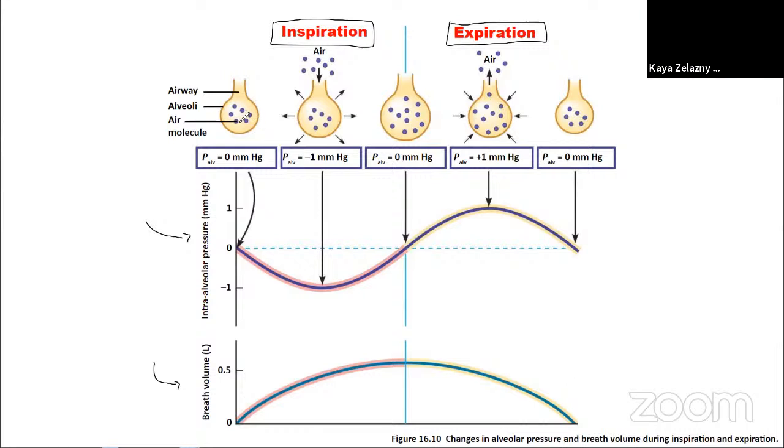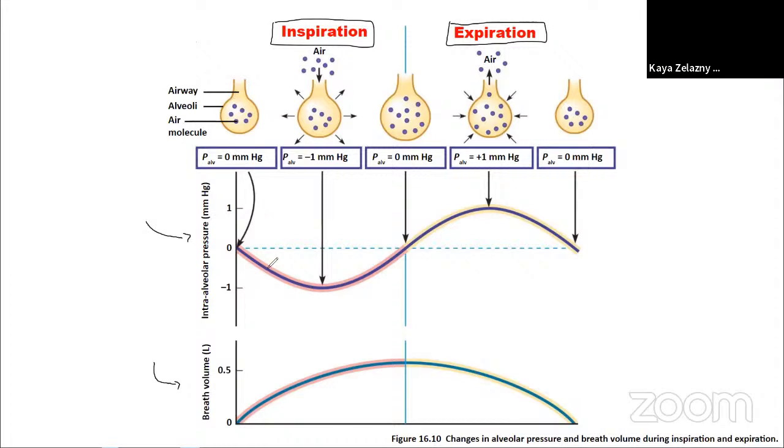And it's relating that to these pictures so that we can understand what's going on with the intraalveolar pressure. So we see at the beginning here, we have 1, 2, 3, 4, 5, 6 little dots in here representing our air molecules. We're saying at the beginning here, our pressure is equal to atmospheric pressure, so nothing's happening.